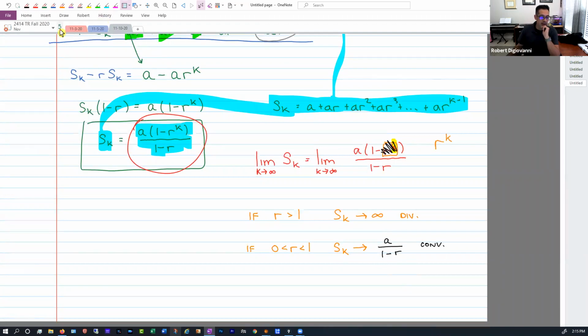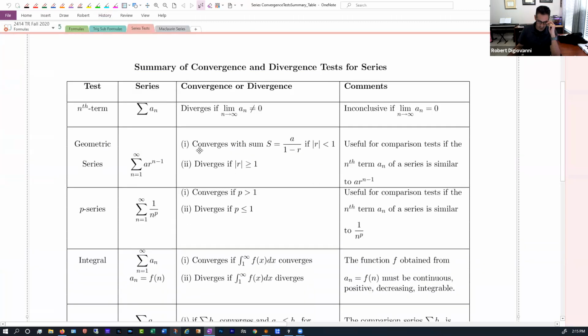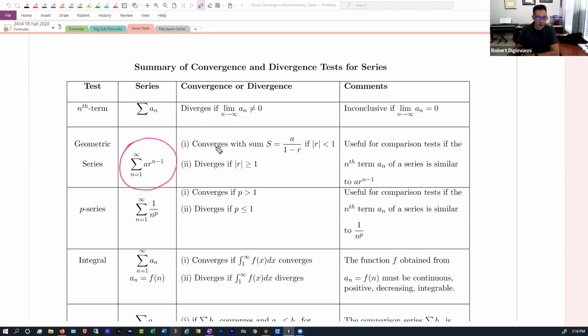And now I'm going to have you look at the formula sheet. Your second formula on here has to do with geometric series. It says, if you have a series that looks like this, now it has to look like that for you to use this test, then it will converge and it'll actually have a sum of a over 1 minus r.